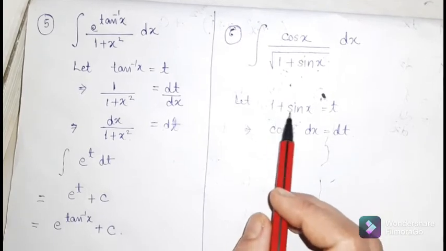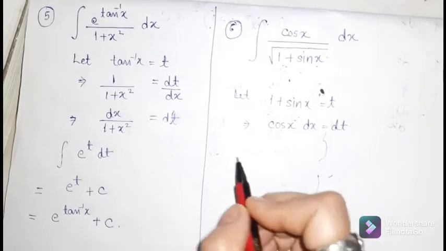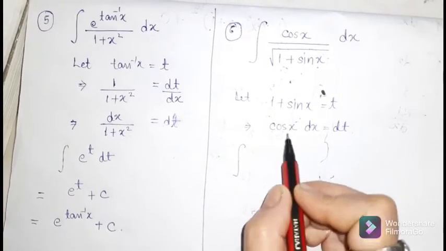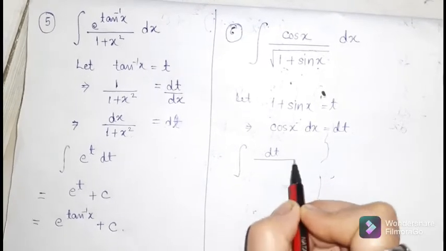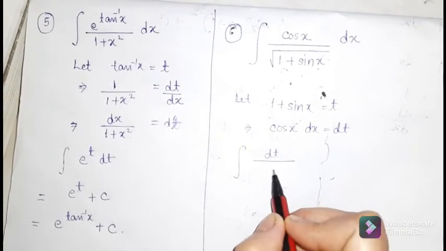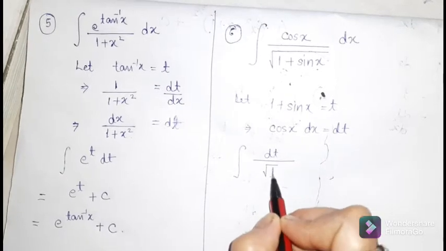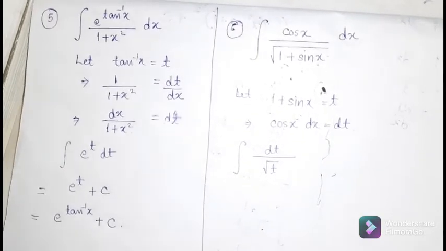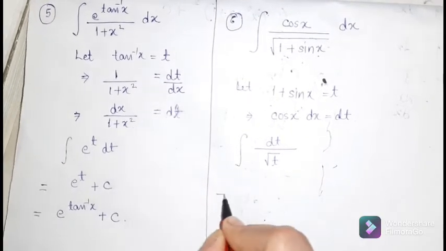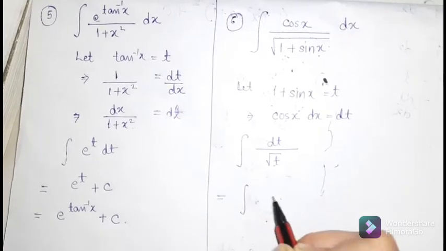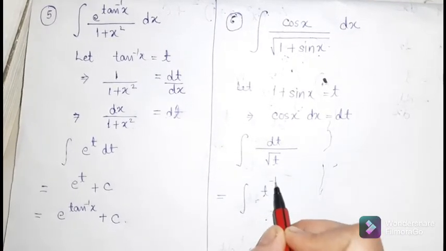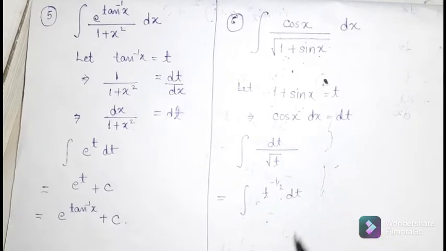So I have put 1 plus sin x equals t. Now your question becomes integration of cos x dx is dt divided by 1 plus sin x, which is t, means root over t. Okay. This becomes integration of t to the power minus half dt.